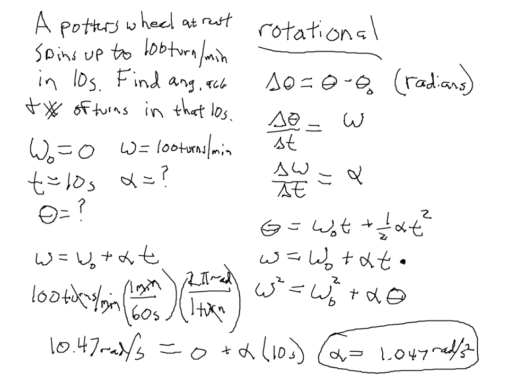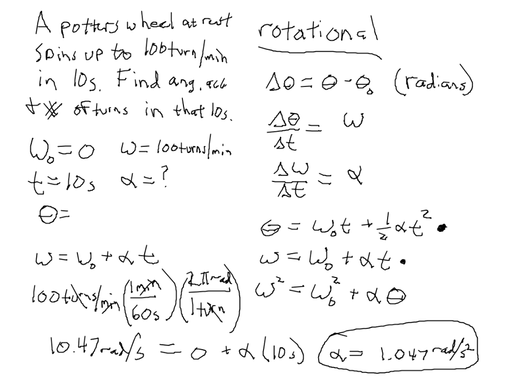Okay, now we're also asked to find the number of turns that the potter's wheel made in that 10 seconds. Well, that is theta. So let's take a kinematic equation that will allow us to solve for theta. It looks like this kinematic equation will fit the bill.